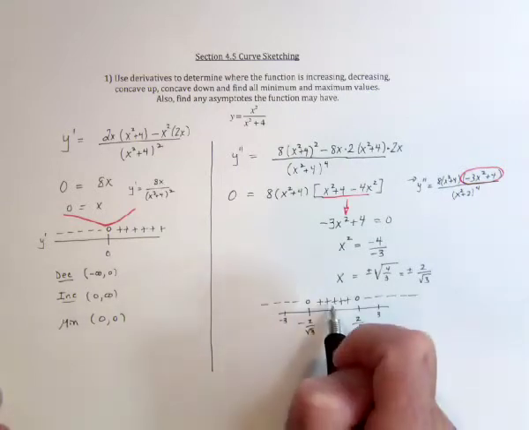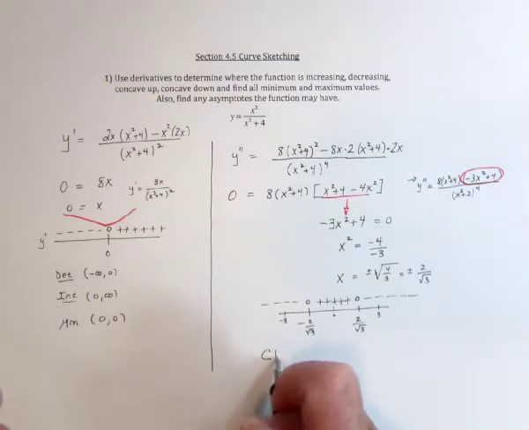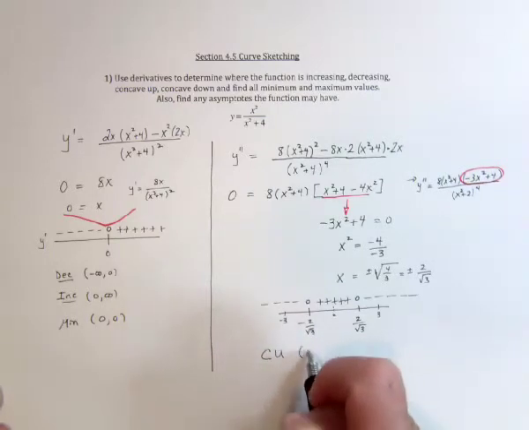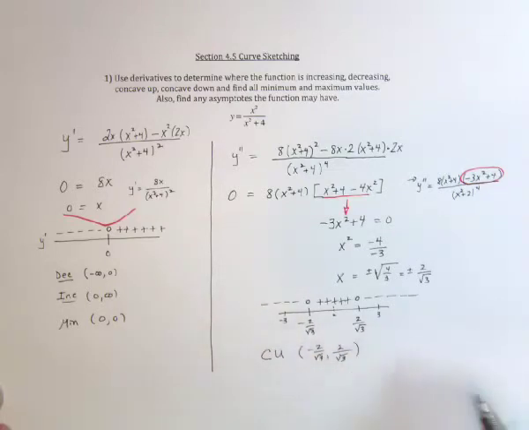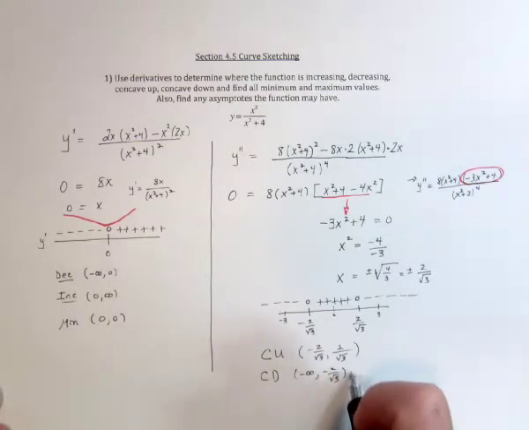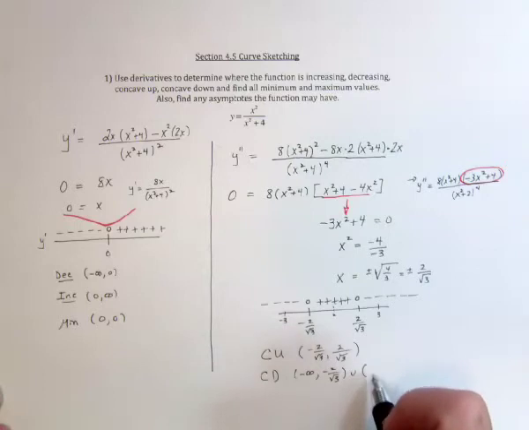So it is concave up in the middle, from negative 2 over radical 3 to positive 2 over radical 3. Concave down on the left hand side, from negative infinity to negative 2 over radical 3, together with the right hand side, 2 over radical 3 to positive infinity.